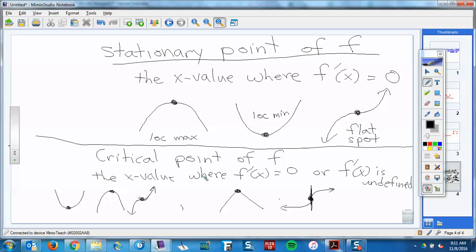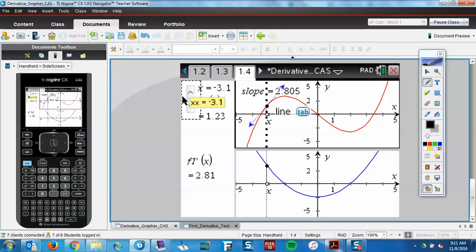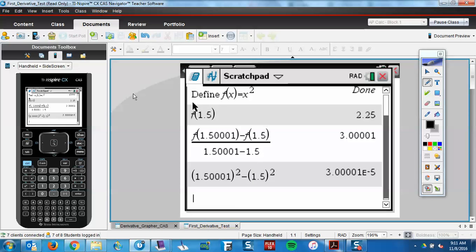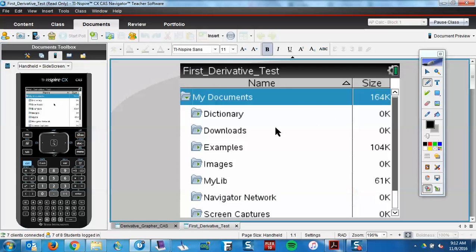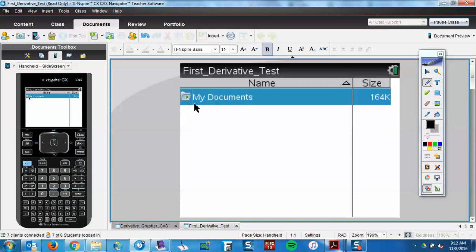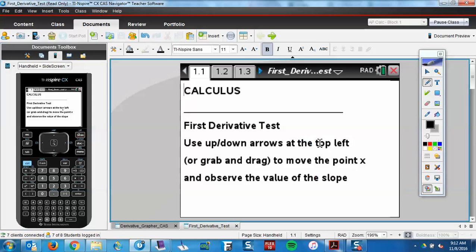Go ahead and pull that up. So you go to your home screen. You can go to My Documents. Oh, I'm sorry, my screen doesn't look like yours. I already pulled mine up. But go to Home Screen, My Documents. It's called First Derivative Test. Okay?